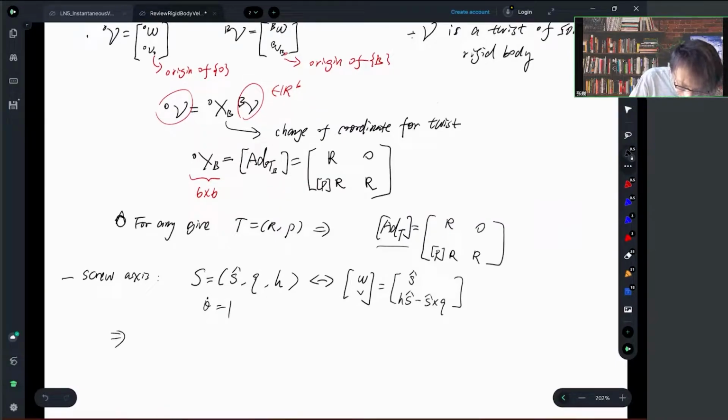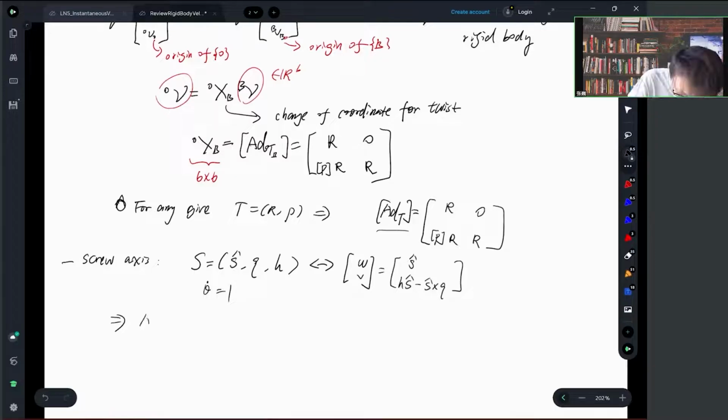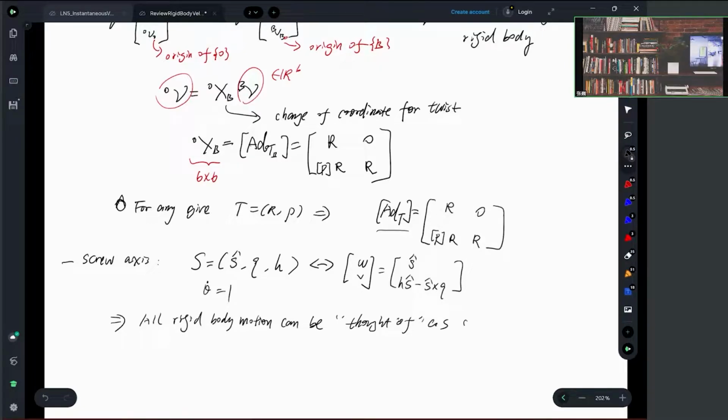Okay, and then I somehow suggested to think of all rigid body motions as screw motion.